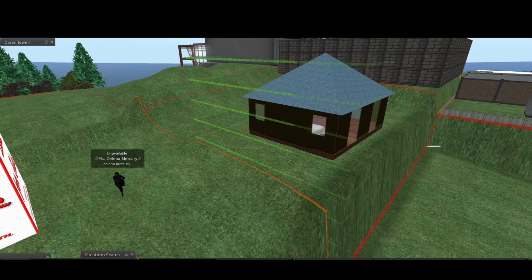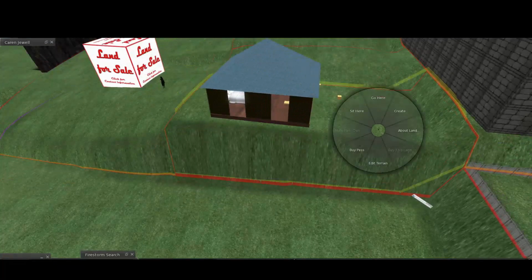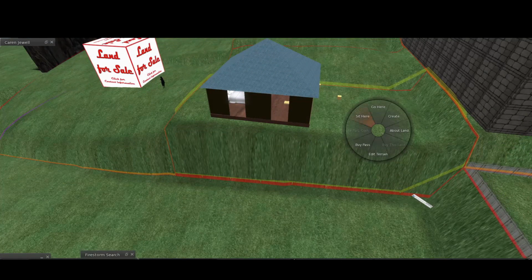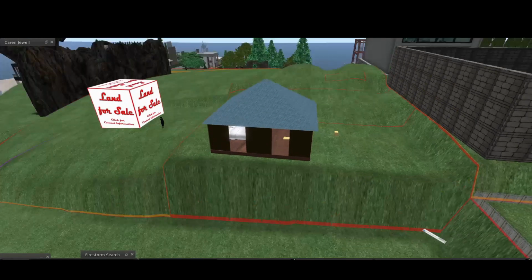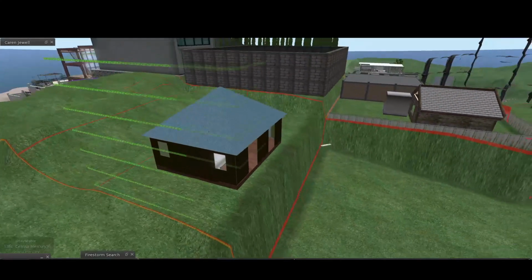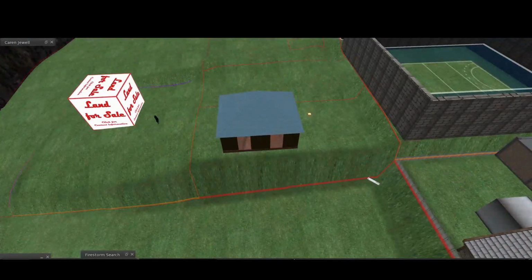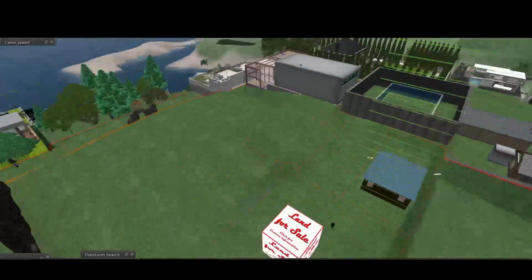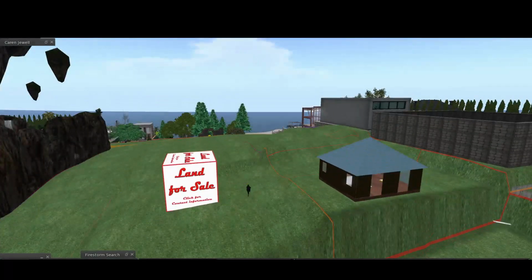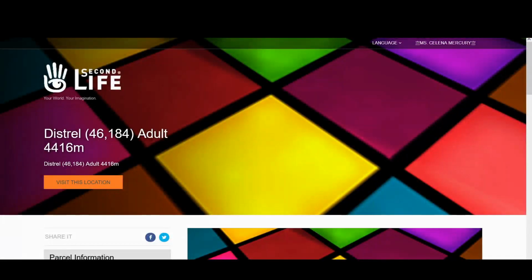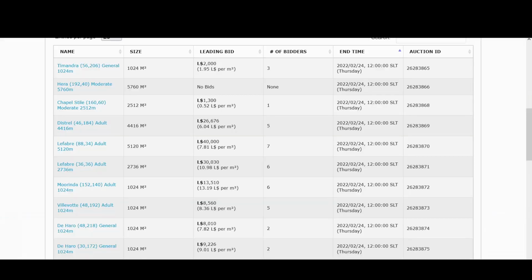So, let's see something real quick. Oh, there are passes for this place. Oh, how interesting. So, that is the other thing. You can get any kind of land that you want from the auction, but you are in competition with other people for that.